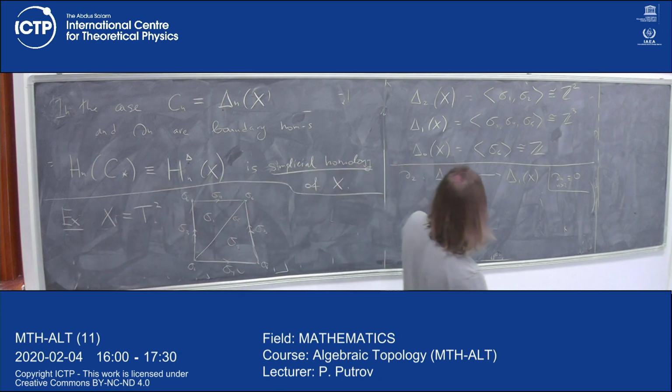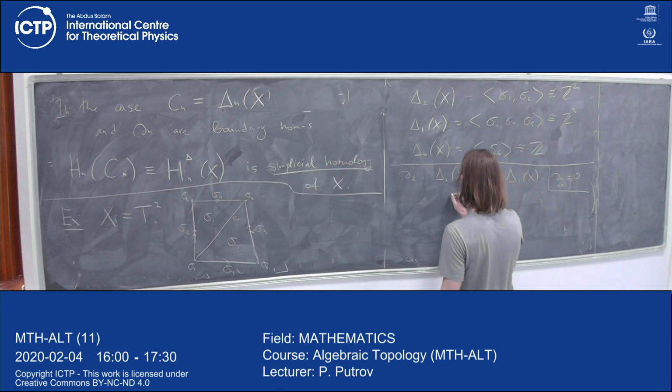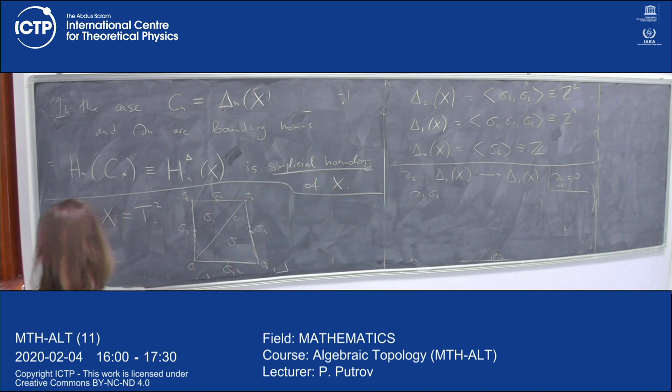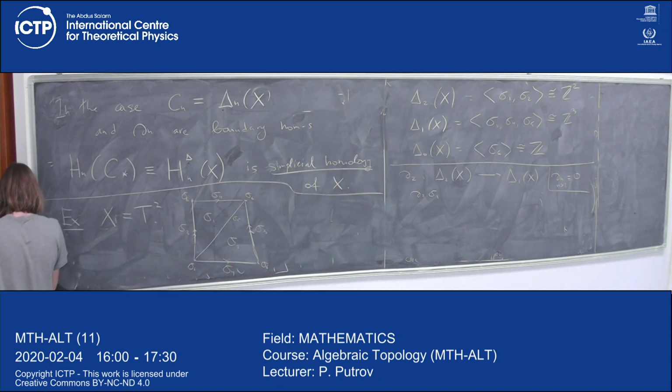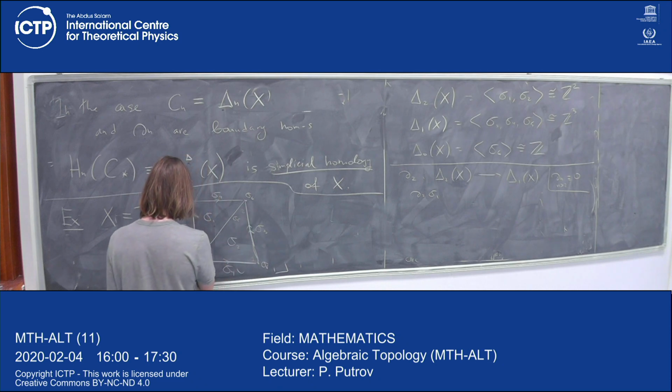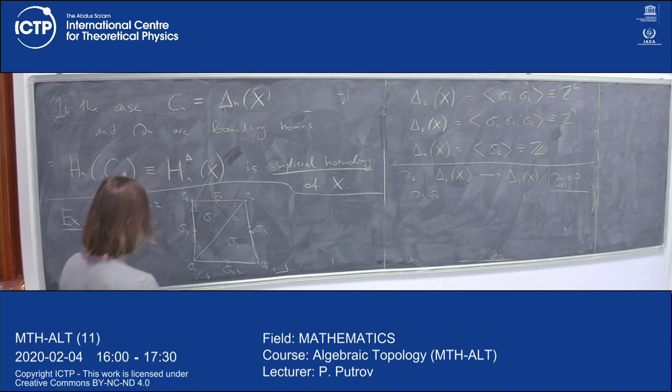Again, we need to see what happens with the generators. So what about d_2 of sigma 1? Now I need to be more careful to get the correct signs. I need to choose an order of the vertices. For sigma 1, let's say I choose 1, 0, 1, 2 here, and here I choose 0, 1, and 2, also like this.